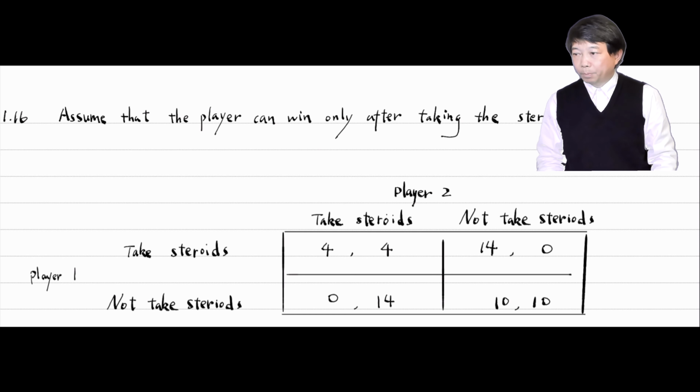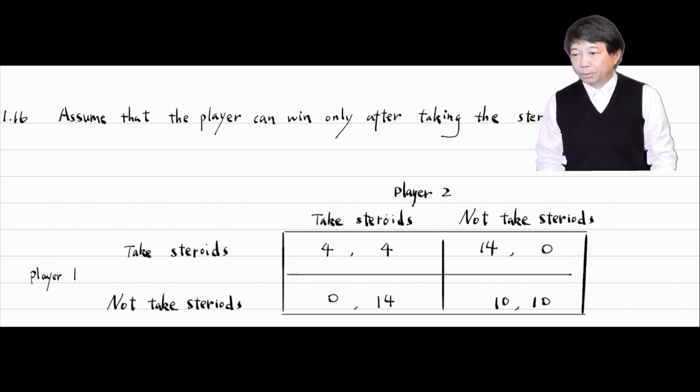We use the best response approach to find the pure strategy Nash equilibrium. We first find player 1's strategy. Given that player 2 takes steroids, player 1 gets 4 if he also takes steroids and 0 if not. His best response is to take steroids.